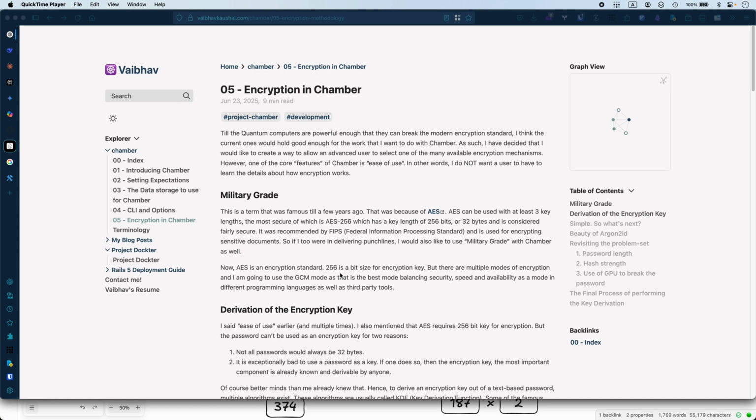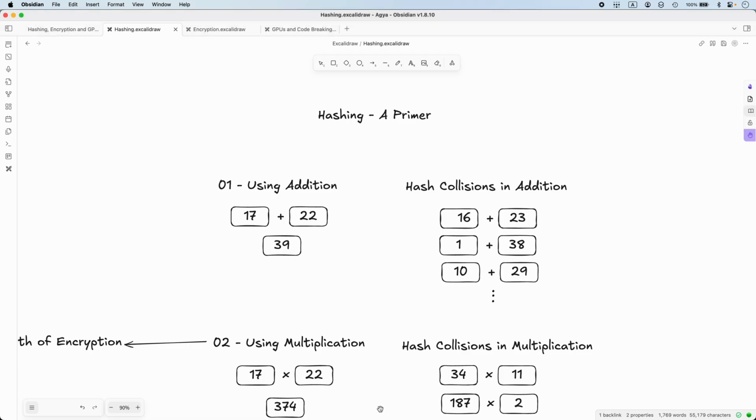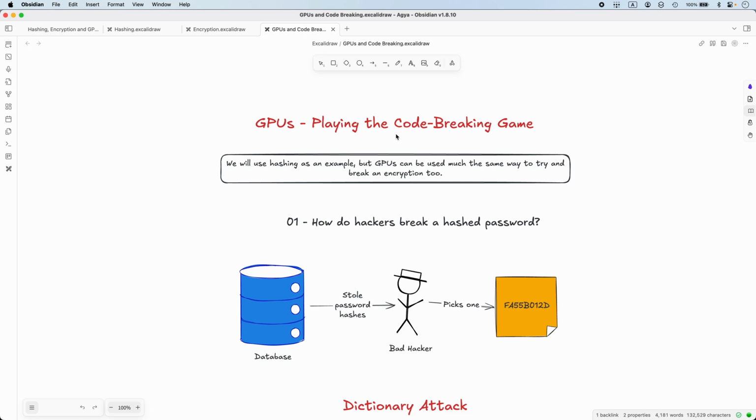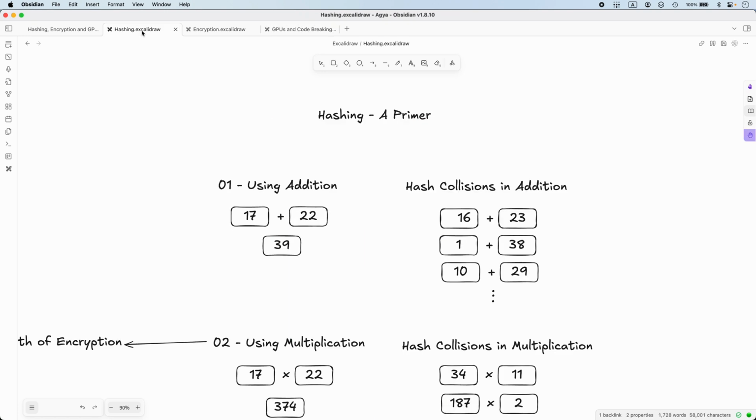Anyways, it looked kind of justified to do a small primer on hashing, encryption, and GPUs, and why they are able to break code. And this is a primer, so I'm not going to talk a lot about it.